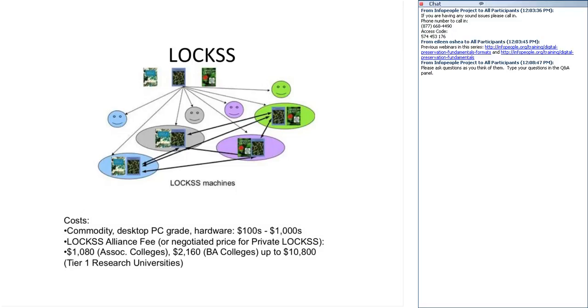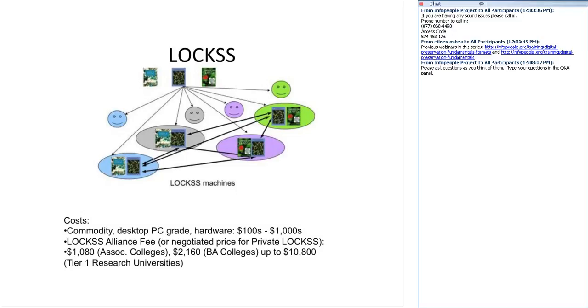And everyone would compare their copies and make sure that they had matching content. This allowed LOCKSS to do things very inexpensively. LOCKSS is built on commodity hardware, sort of desktop PC grade, which means hundreds, maybe thousands of dollars to provide for hardware. And then the LOCKSS Alliance charges a fee, or in the case of private LOCKSS networks that we'll talk about in a moment, they'll negotiate a price.